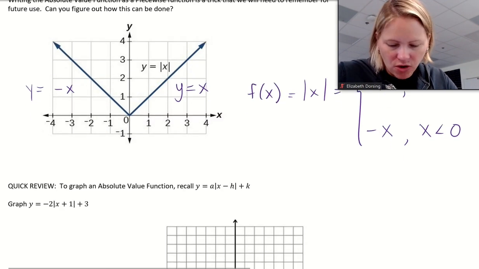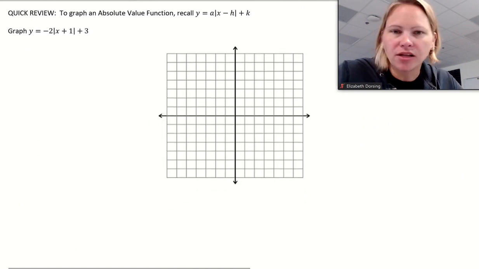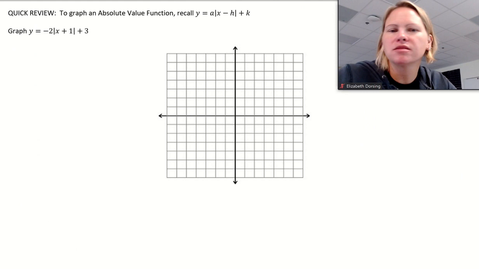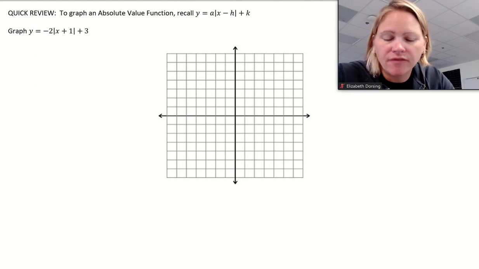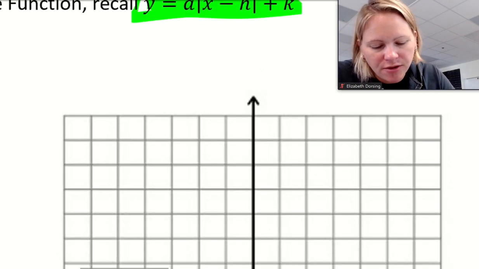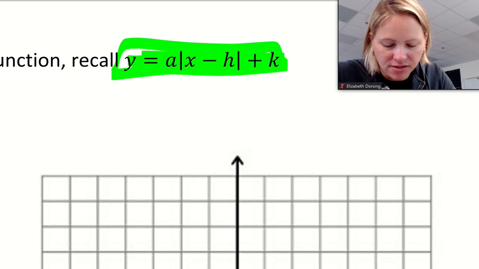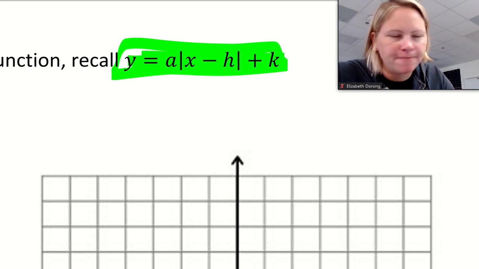And before I leave you to think a little bit more about this and do some work on your own, I just want to review some basics about graphing general absolute value functions. So if you have an absolute value function, recall we have this a times absolute value of x minus h, plus k, and we talk about this equation with the basics, shifting and moving up, down, left, right, and it's important to know those things.